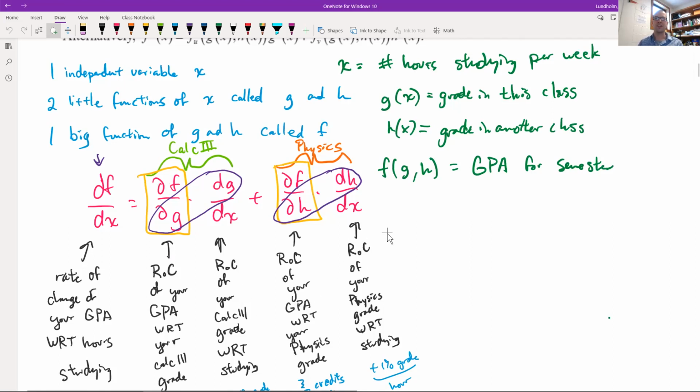And similarly for the other class, how a change to the number of hours you study affects a change in your grade, and how that change in your grade affects the change in the overall GPA.